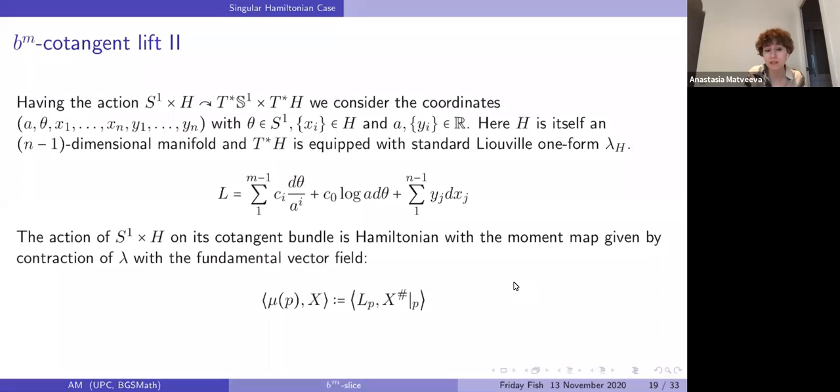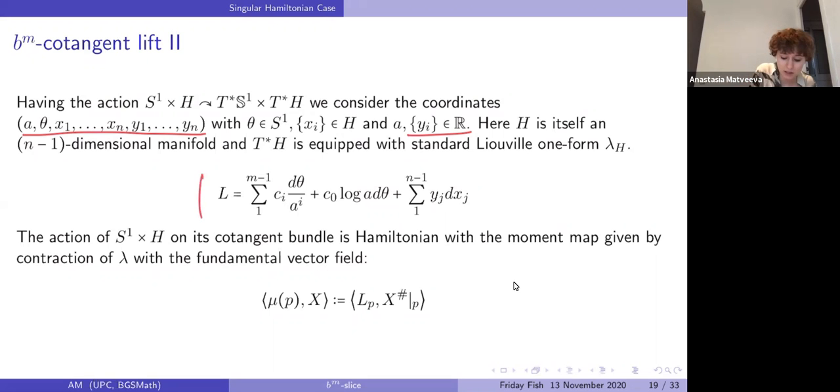And if we have this S1 times H action on the cotangent bundle, we can consider these coordinates that split between S1 and H. And also, the y is coming from R. So here H itself will be an n-1 dimensional manifold, and then it is equipped with a standard Liouville form.